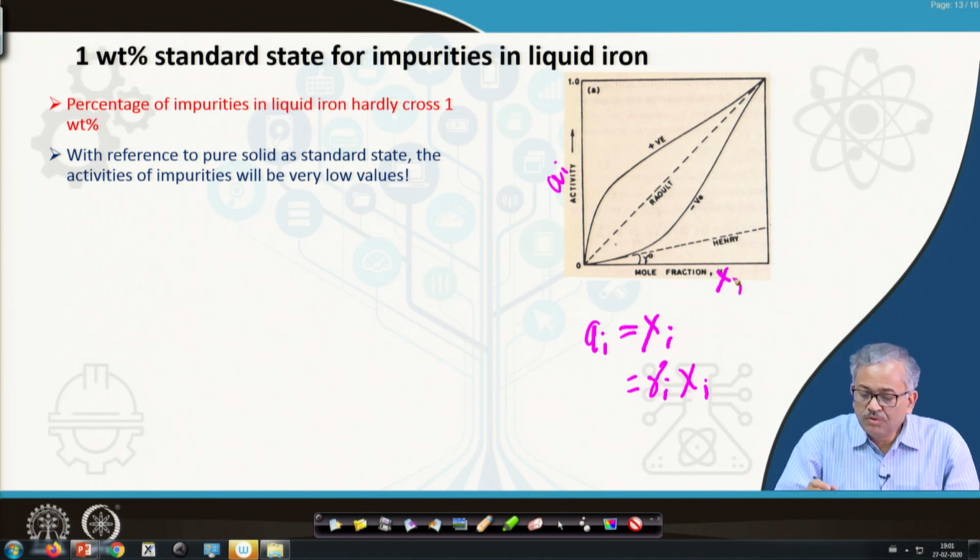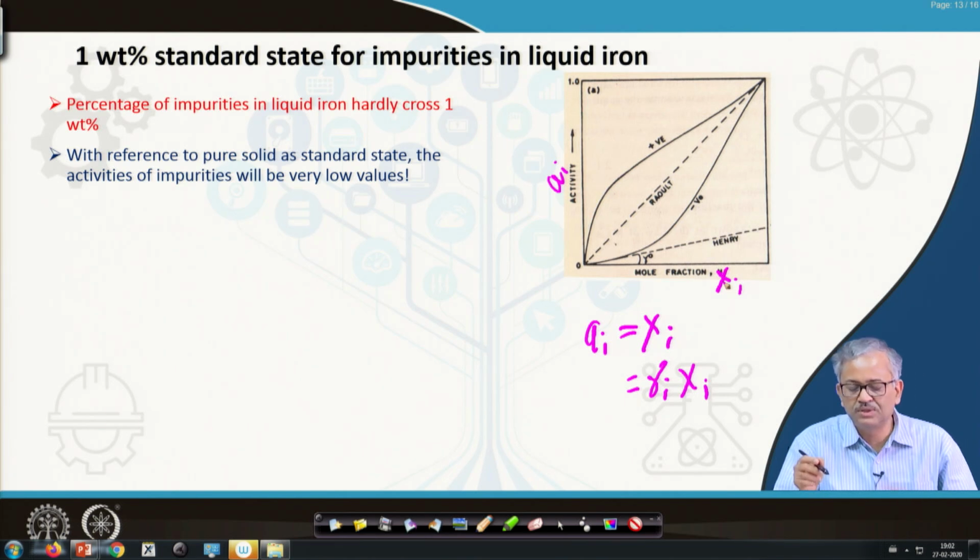Now, you can see that at infinite dilution, in the case of a dilute solution, another straight line you can find, that is where Henry's law is valid. This line is called the Henry's law line, basically a straight line relationship between the activity and mole fraction. That means, in a very dilute solution, activity is again proportional to the mole fraction.